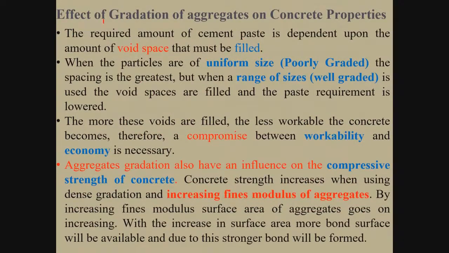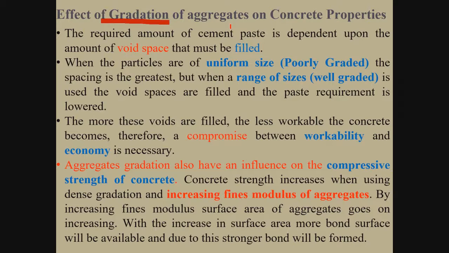Now, let me discuss gradation of aggregate. Aggregate may be well graded, or it may be poorly graded. Well graded aggregates means the presence of all sizes of aggregates in a particular mixture of aggregate, ranging from fine size aggregates to coarse size aggregates.